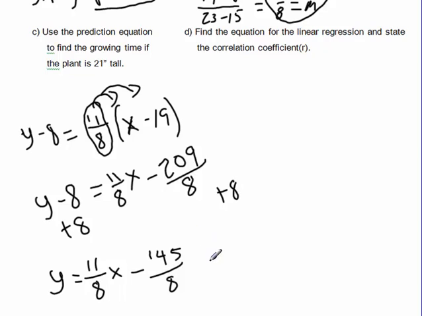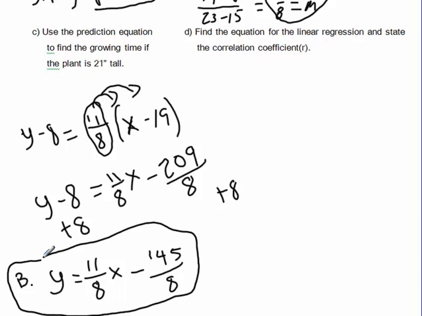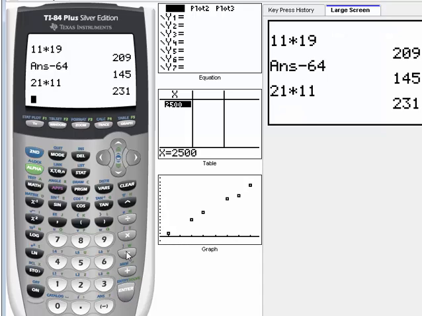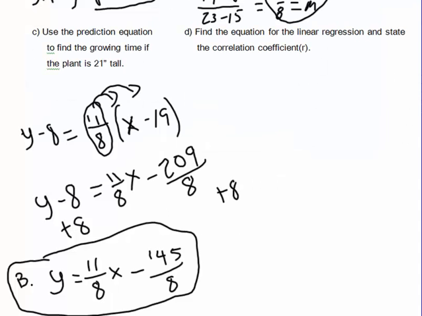Now, this would be my answer to part B. In fact, it's okay if you say B and then put a box around your answer whenever you do these problems. So for part C, I plug a 21 in here. So it'd be 21 times 11, that minus 145.